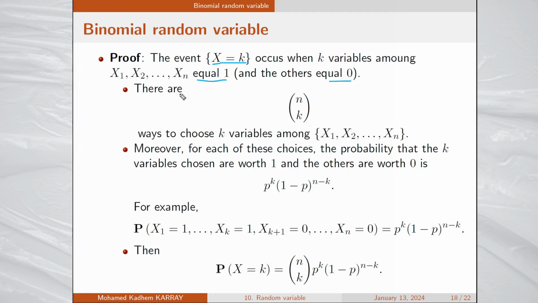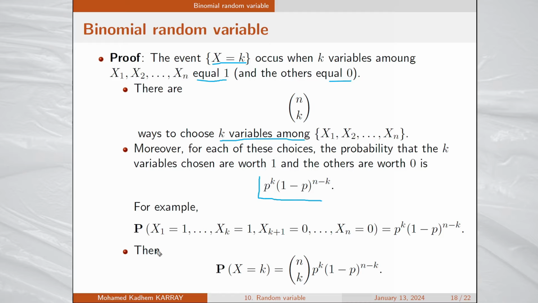Observe that there are the binomial coefficient nk ways to choose k variables among x1, x2, ..., xn. Moreover, for each of these choices, the probability that the k variables chosen are equal to 1 and the others equal 0 is p to the power k multiplied by 1 minus p to the power n minus k.